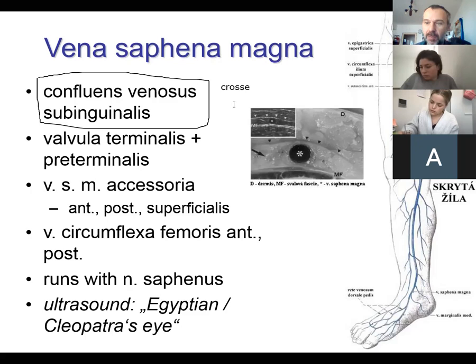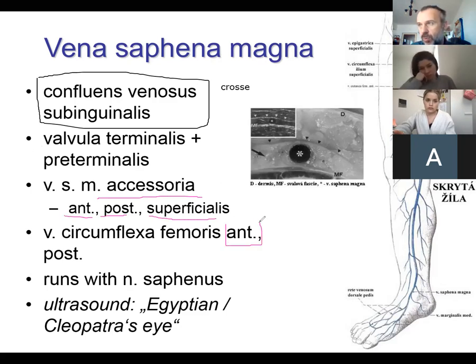So why say three words when you can say one? I hope you remember we have some tributaries of the great saphenous. Then we can have the accessory, anterior, posterior, or even superficial. Then we have these two superficial veins, anterior and posterior, the femoral circumflex vein.